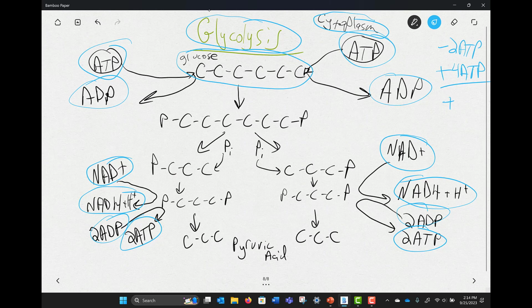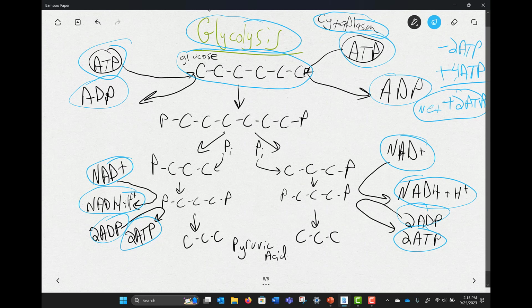Means we have a net gain of 2 ATP. And that's the really, really important part, is we gained 2 ATP. Now, that might sound like a good deal. We made 2 ATPs during this step. We made 4, but we spent 2, so really we have a net gain of 2 ATPs.